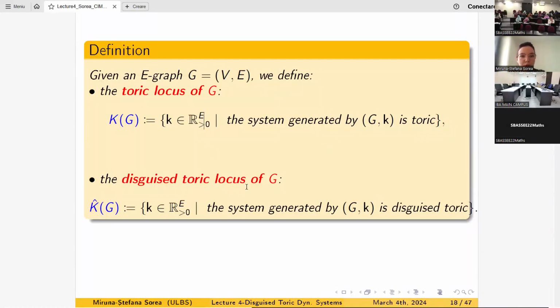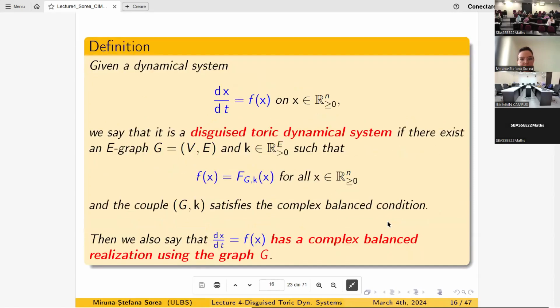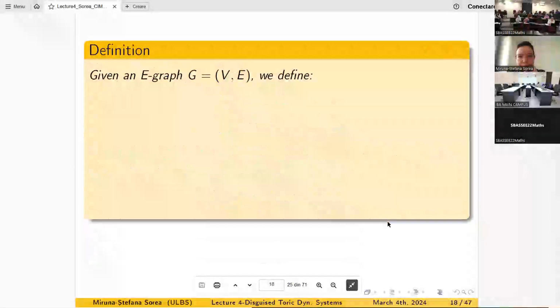But the disguised toric locus, K hat of G, are those parameters in the positive orthant, such that the system generated by G and K is disguised toric. So in other words, exactly what we saw in the previous slide. Maybe there's another graph, a G hat, that satisfies the complex balance condition and, together with the K's, realizes this system.